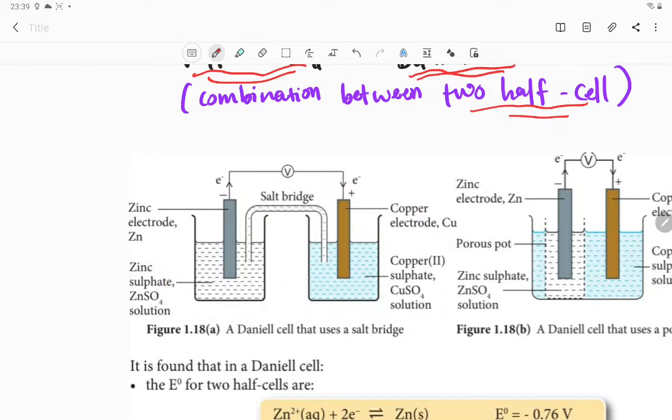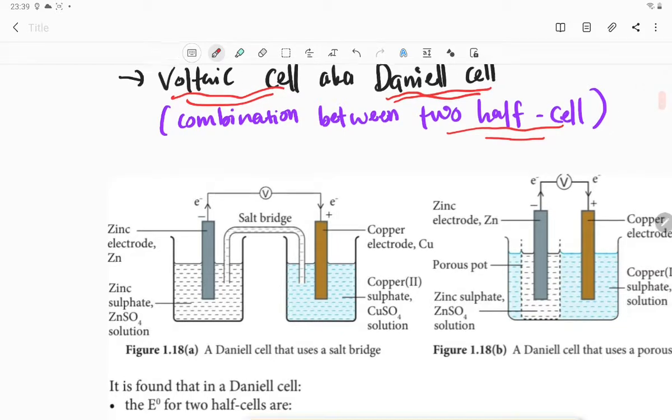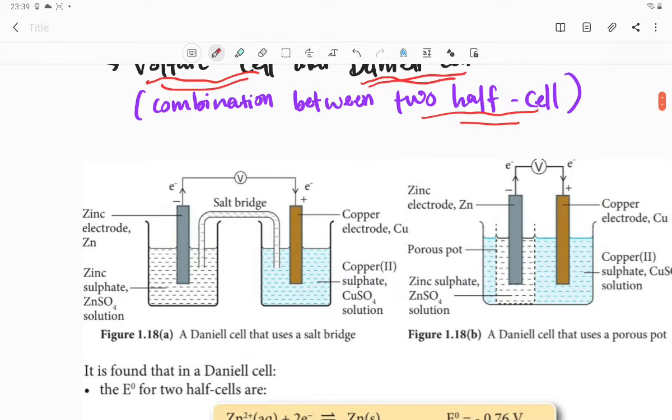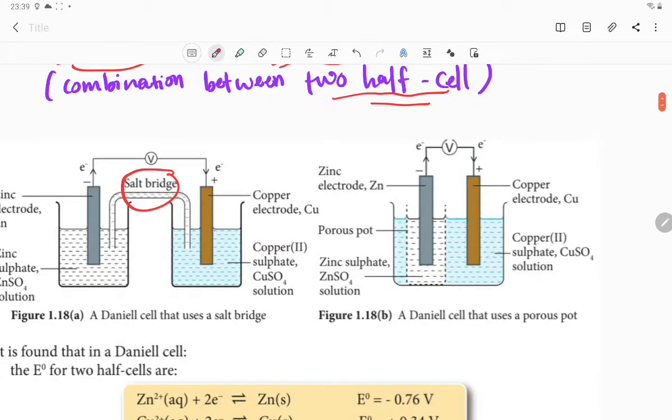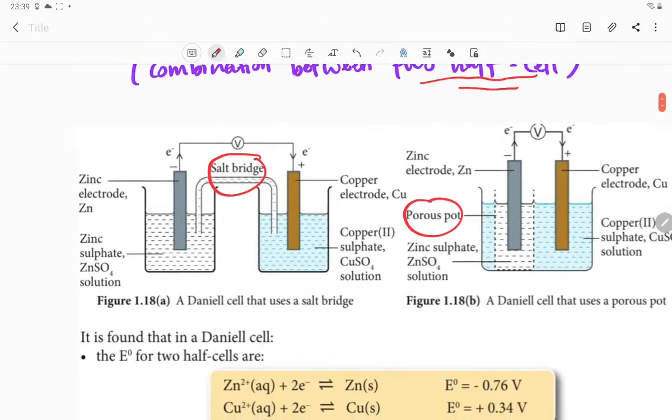Okay, so for voltaic cell or Daniell cell, we have two types of them. The first one, we have Daniell cell that use salt bridge, and then the second one, we have Daniell cell that use porous pot. Okay.